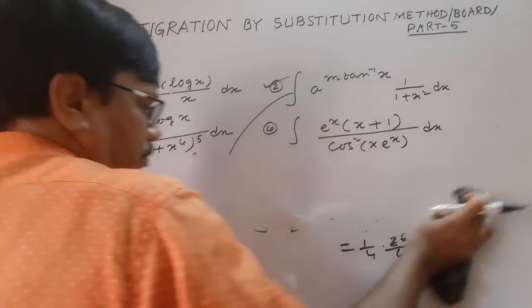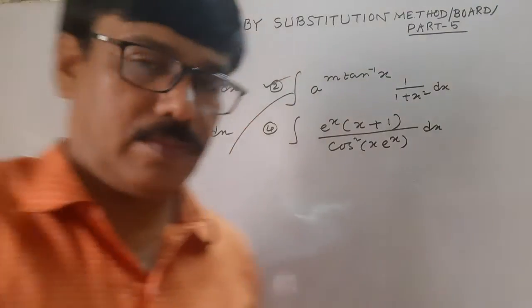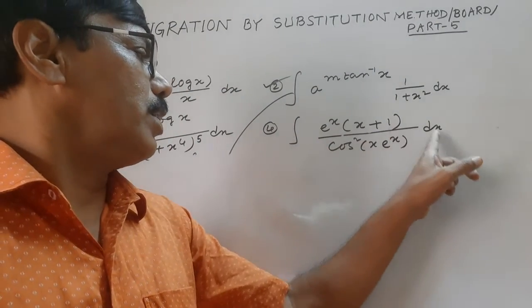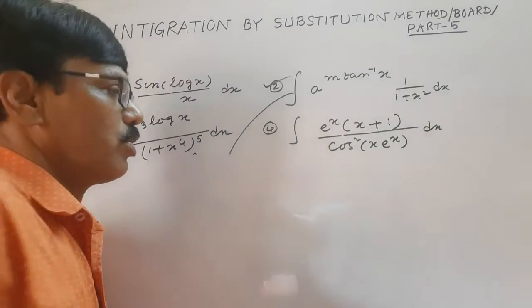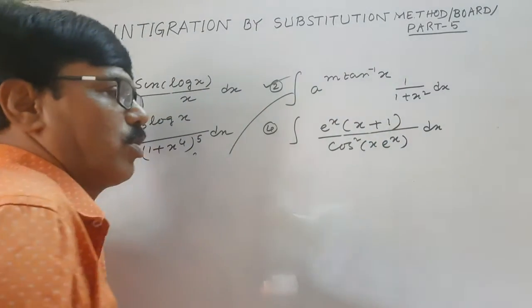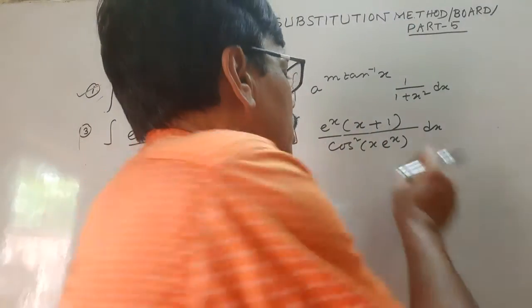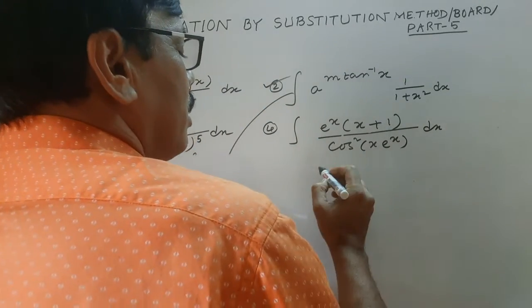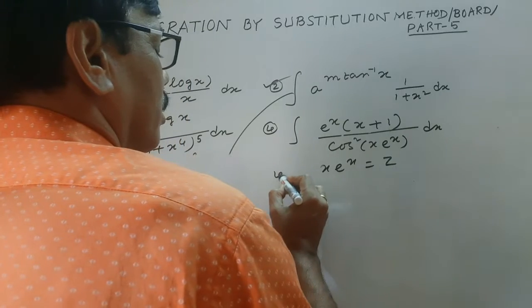Now listen, problem number 4: e to the power x, x plus 1 dx, cos square x e to the power x. So 1 by cos square is sec square. You know the integration of sec square when the argument is linear. It is not linear, so we put this equal to z.